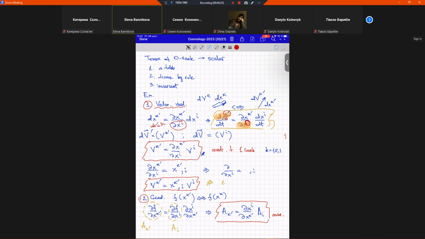In any case, you need to divide this by something below, which gives us exactly the low index as a result. So this rule works in principle for the velocity vector, because otherwise you need to write something which is not convenient.